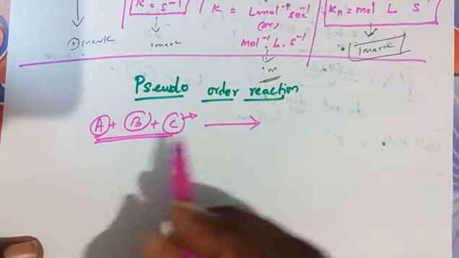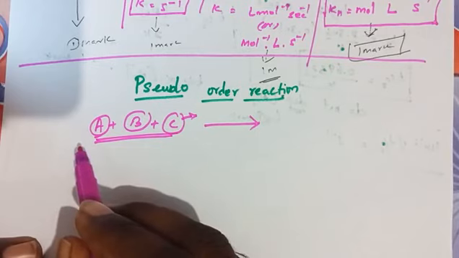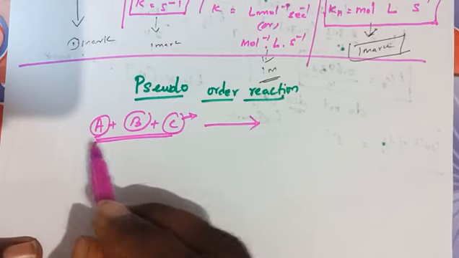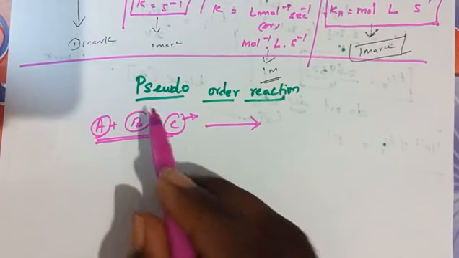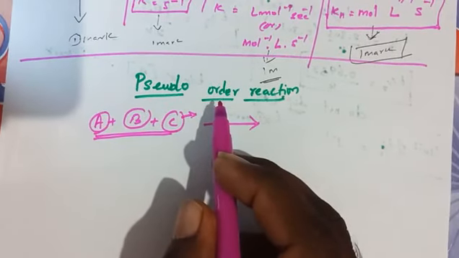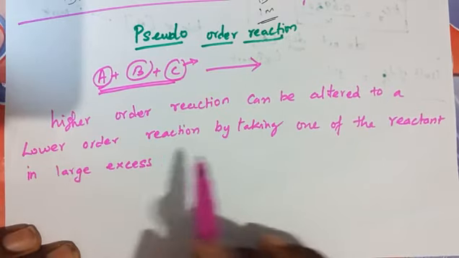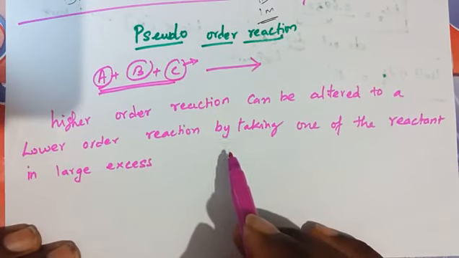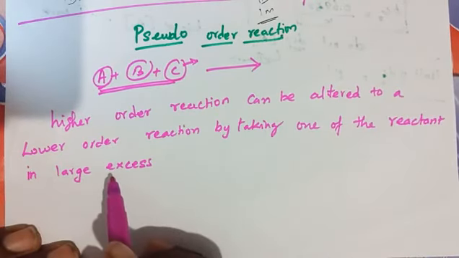So pseudo order reaction is helpful to study the kinetics of a higher order reaction by converting higher order into lower order. Pseudo order reaction is simply defined as a higher order reaction that can be altered to a lower order reaction by taking one of the reactant concentrations in large excess.